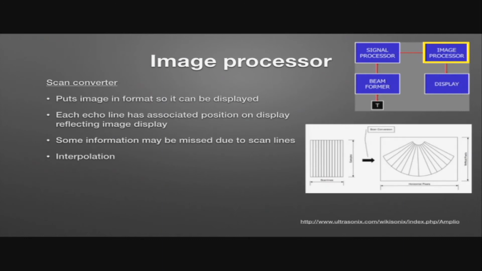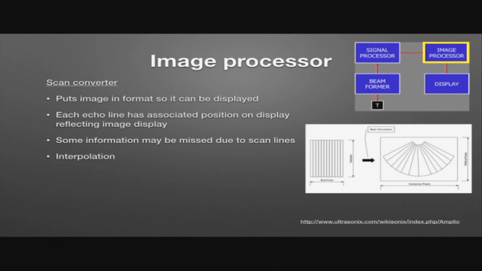So the scan converter is all about putting the image in a format so that it can be displayed. If you imagine the echoes being received into the transducer, they're all going to be related to a particular line of sight. So a certain array on the transducer is going to be related to a particular line of sight on the echo display.